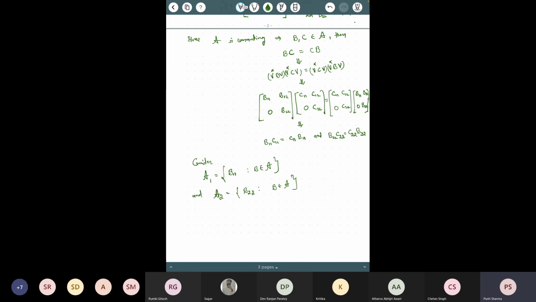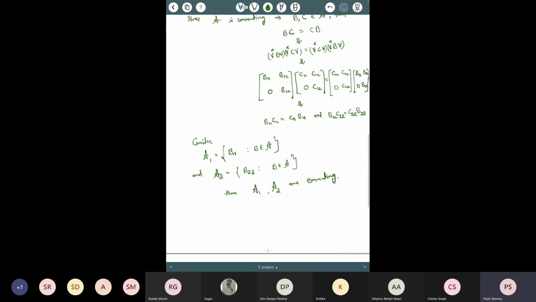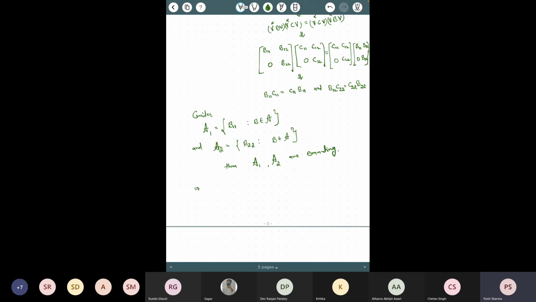Okay, so clearly then this family A1 and A2, they are commuting, and therefore now they are smaller size families. So this implies that by induction hypothesis, here you may ask why, what is the guarantee that they are of smaller size, they are not of the same size?